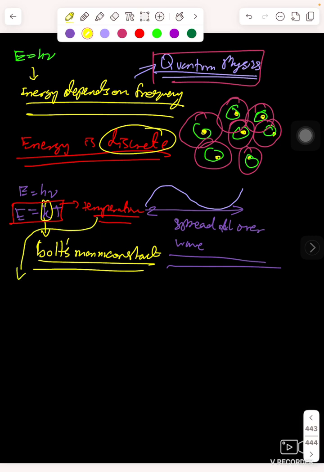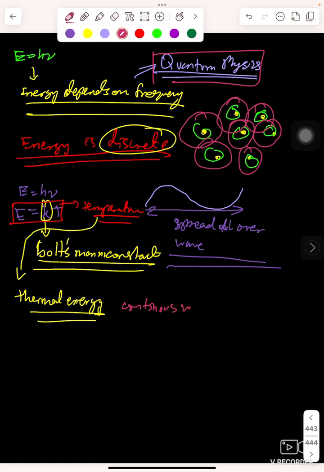It's a thermal energy. And this thermal energy shows continuous change in energy, whereas this frequency over here shows discrete change.